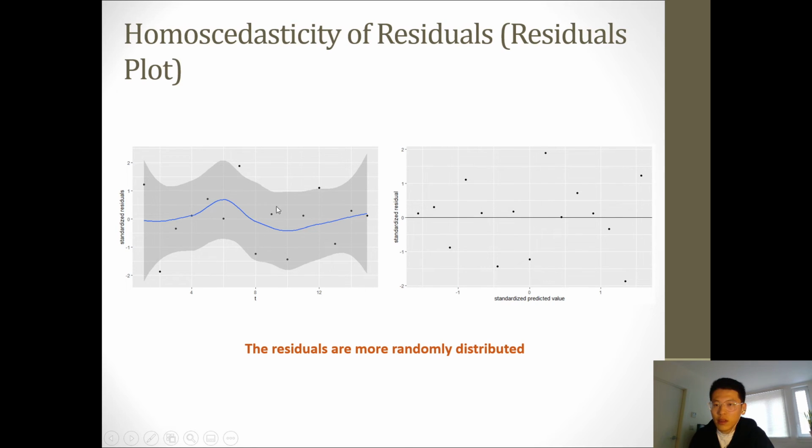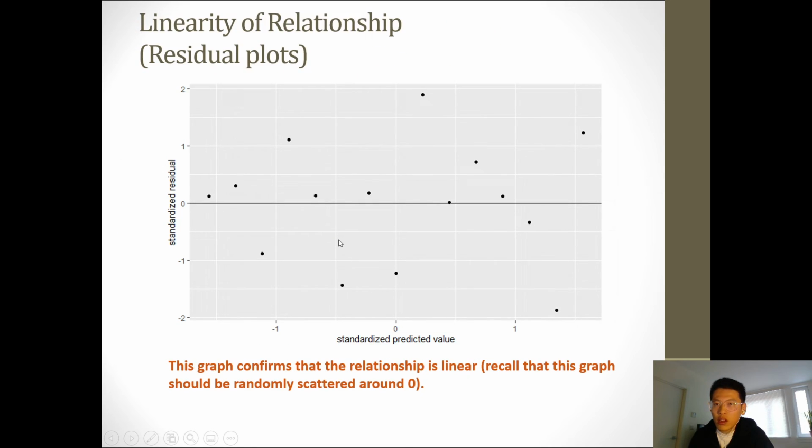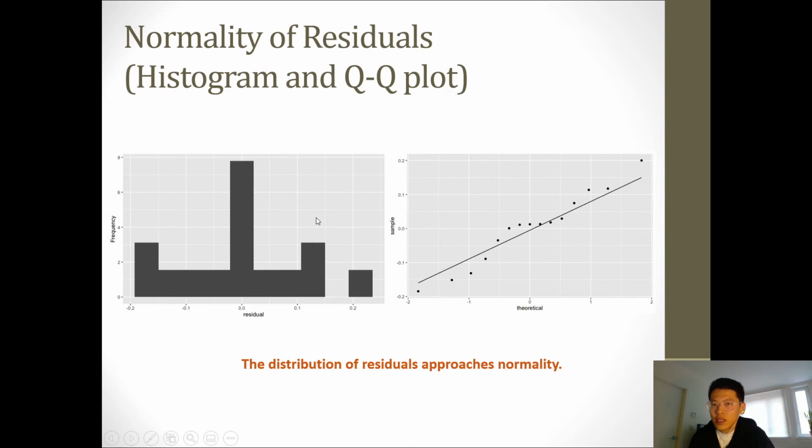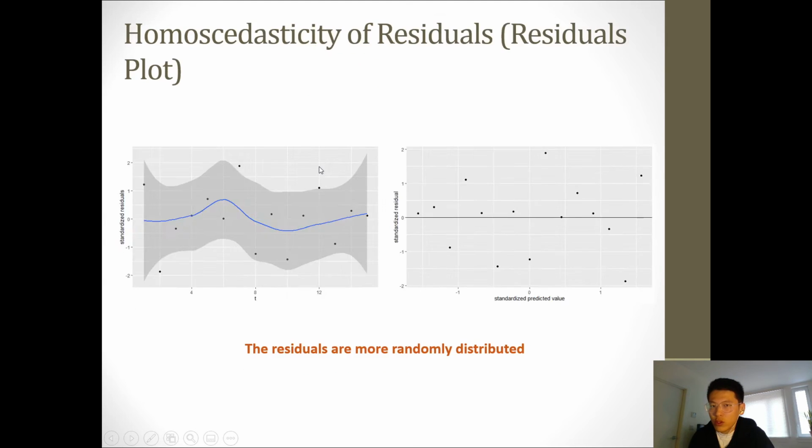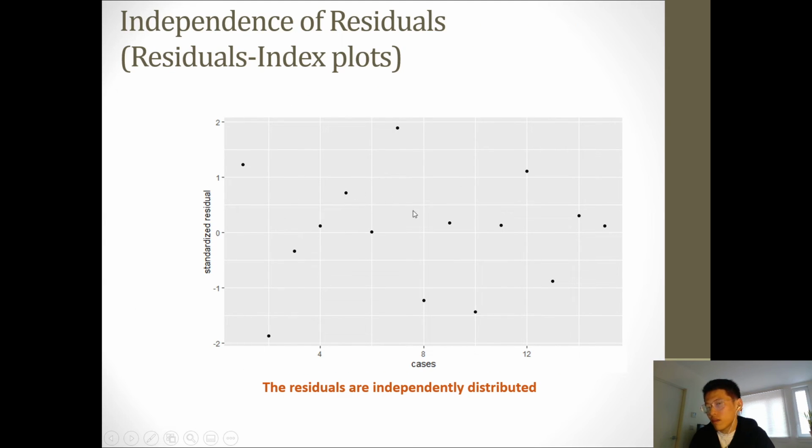Transformation helped us to solve a lot of the problems of the linearity, the homoscedasticity, the normality of residuals, and it also helped us to solve the independence of residuals. But as I said, because those independence of residual problems will happen most likely in time series, we don't have to care too much about the dependence of residuals right now.